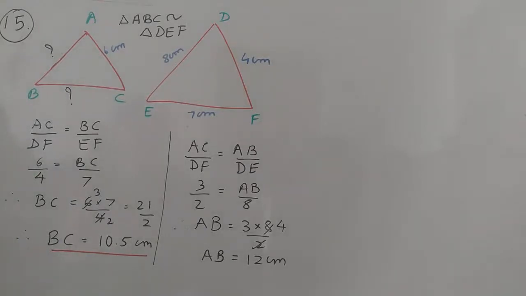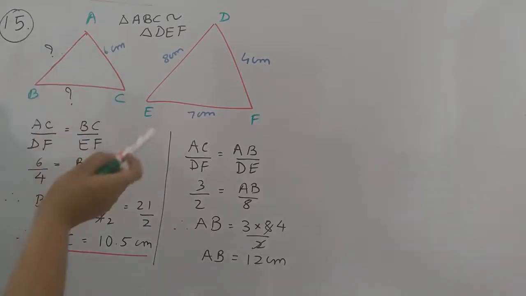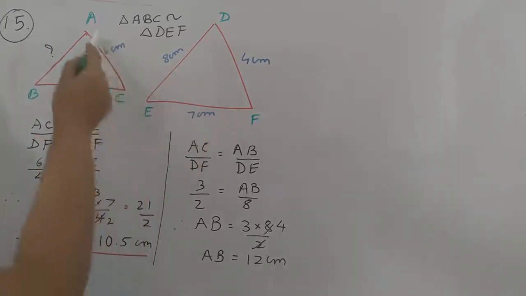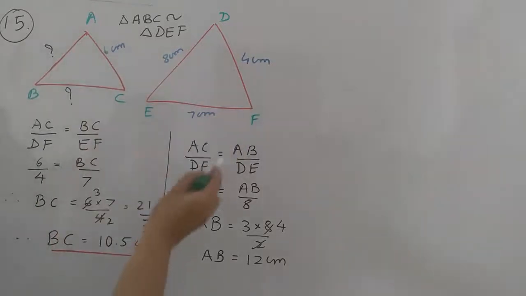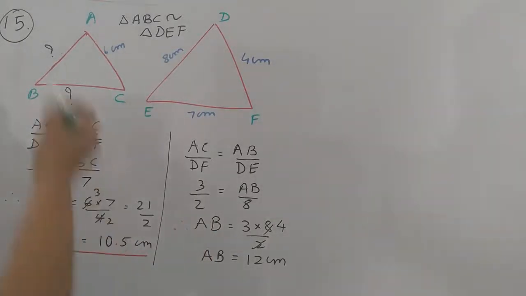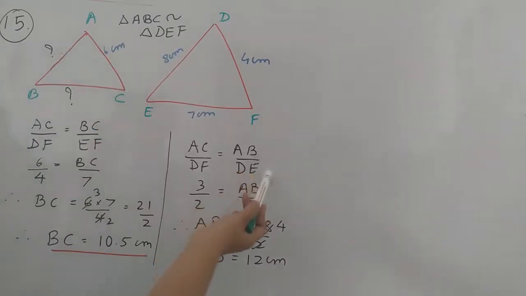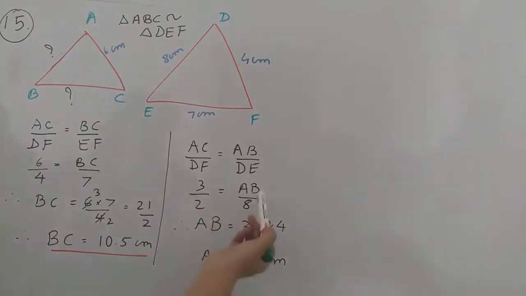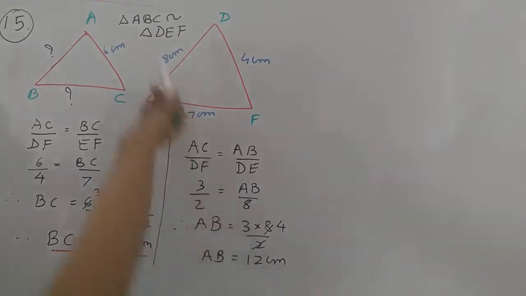Now we look at this AB side. For that, the ratio known to us is AC ratio DF, which we have already given as 6 by 4. I have written it in reduced form as 3 by 2 here. And now the unknown side AB upon DE accordingly. So I kept the value 3 by 2 is equal to AB upon DE, and the DE value is 8.